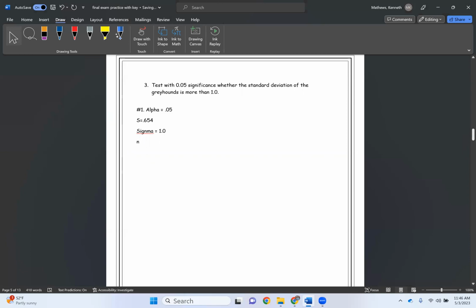And n is equal to 15. So what are we trying to test? Whether the standard deviation of our sample is more than 1.0. So therefore the claim is that sigma is greater than 1.0.